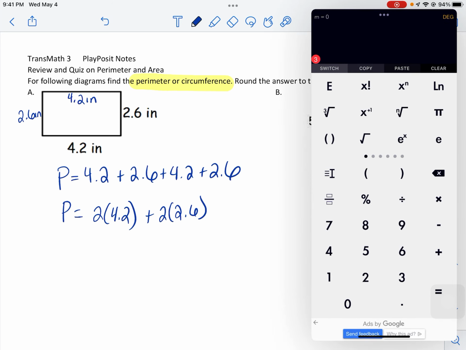If I add those all up, 4.2 plus 2.6 plus 4.2 plus 2.6, we get 13.6 inches.